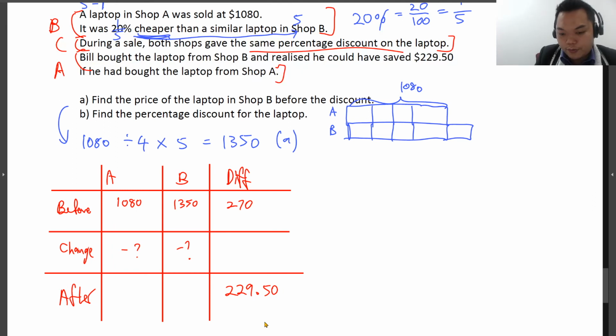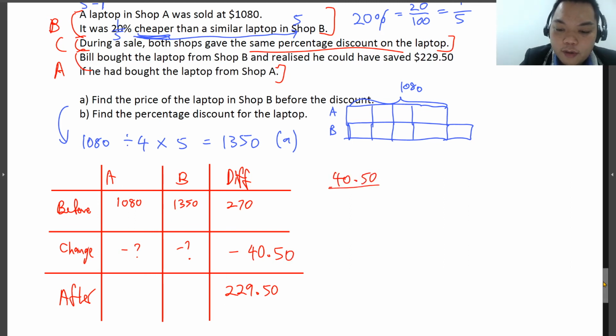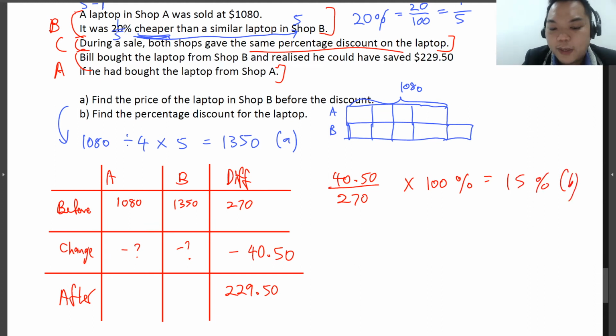We can take 270 minus 229.5 to see that there's a $40.50 difference here, which means to say that we want to take 40.5 divided by $270, and this will give you, okay, when you times this by 100%, this will give you 15%. So this is the answer for part B.